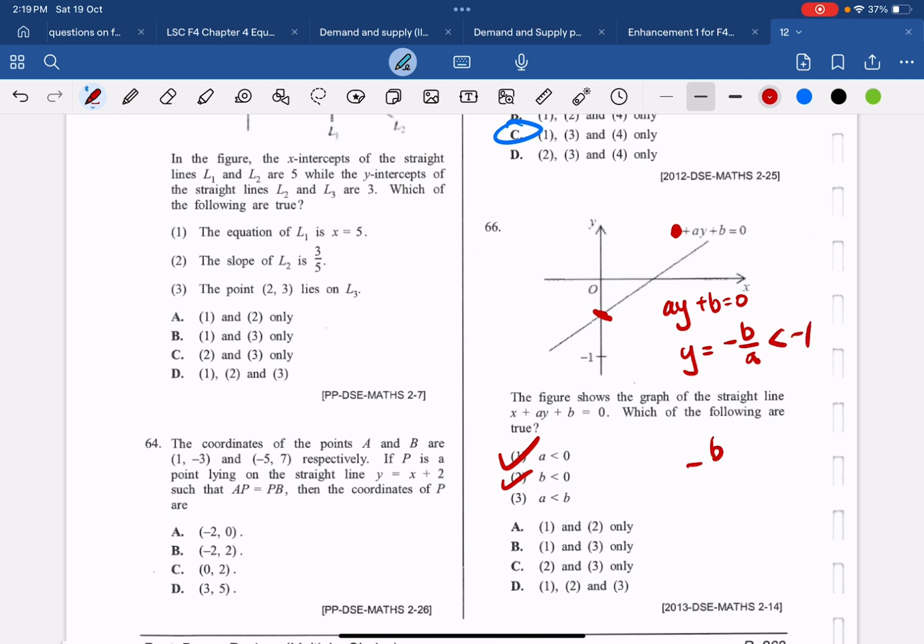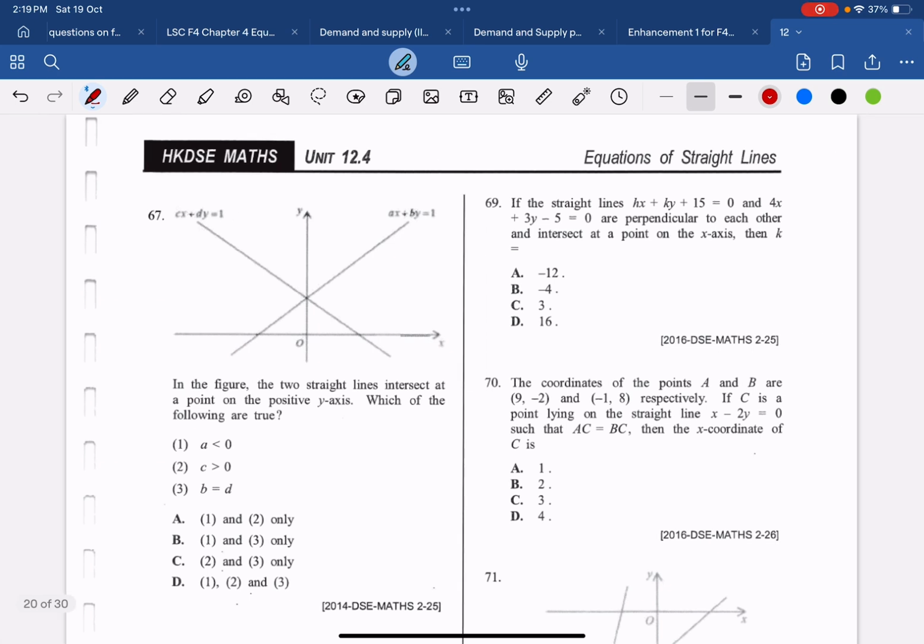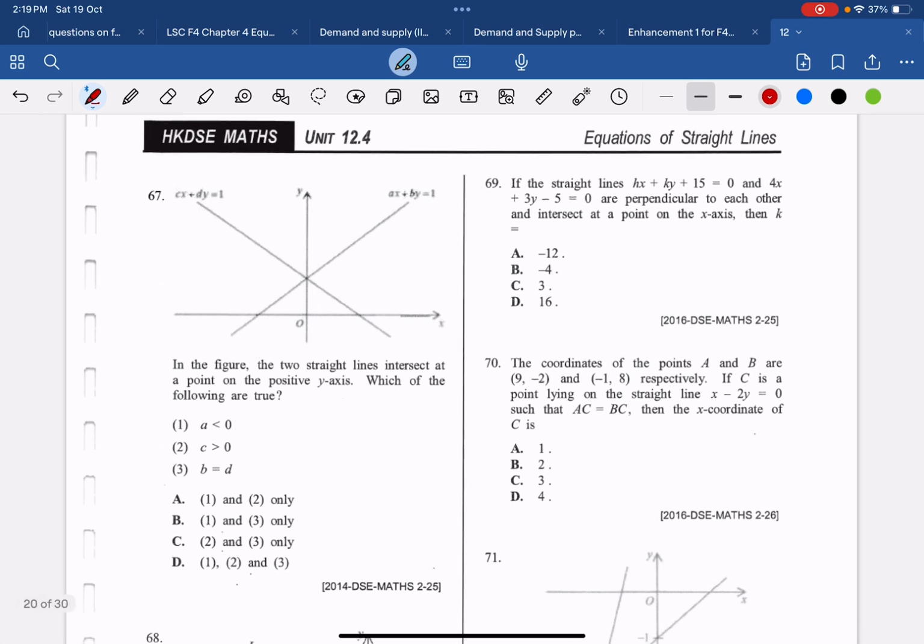So negative b over a should be smaller than negative 1. So b over a is greater than 1. So a is smaller than b. So it should be D. And then let's go to question 67.